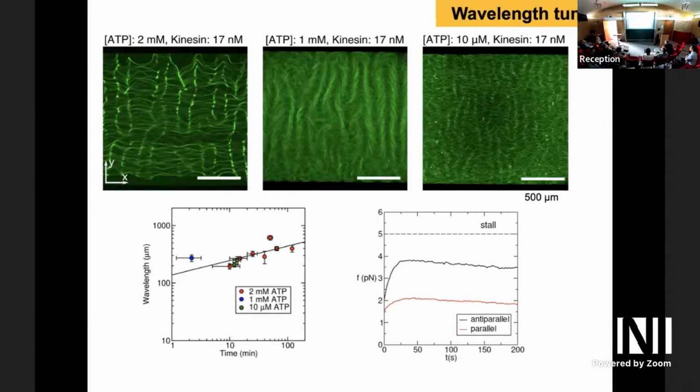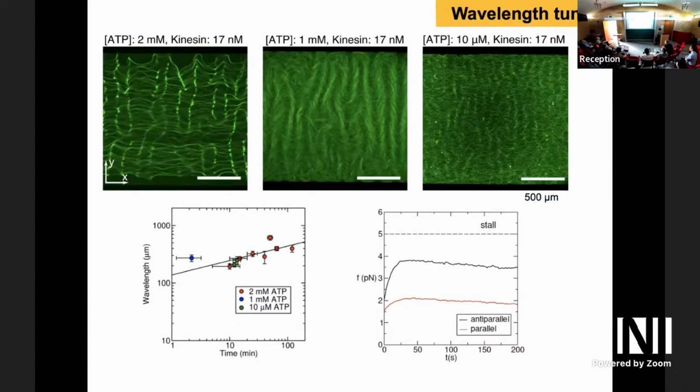To give our interpretation of this difference in the results at different ATP, we used the simulation again to see the forces between the anti-parallel microtubules that are important for the emergence of this instability.